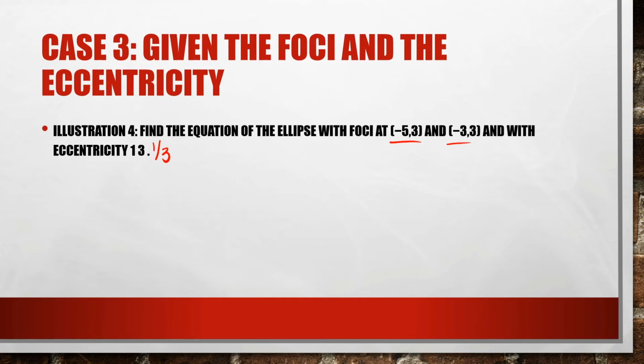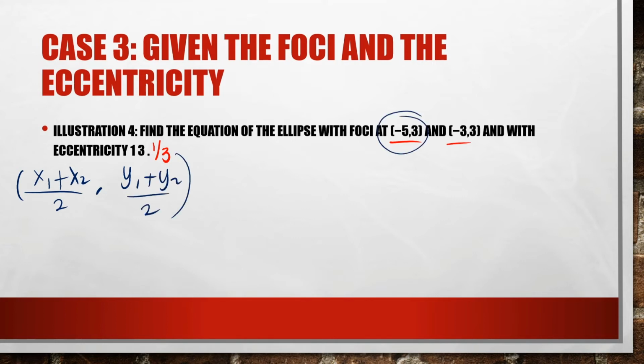Since yung foci naman is collinear with center, hanapin natin yung midpoint nung foci. So, para mahanap yung midpoint ng foci, yung midpoint formula, x sub 1 plus x sub 2 over 2, then y sub 1 plus y sub 2 over 2. So, ito yung gagamitin natin.